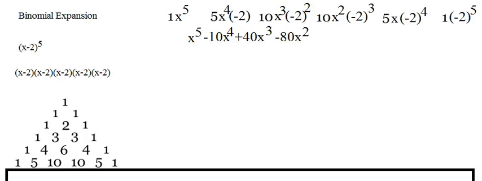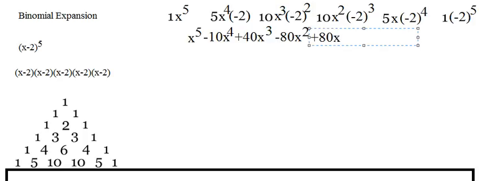Then I have here negative 2 to the fourth is going to be 16. 16 times 5 would be 80 as well. So it's going to be positive 80 because negative to an even power is going to be a positive. So positive 80 plus 80x.